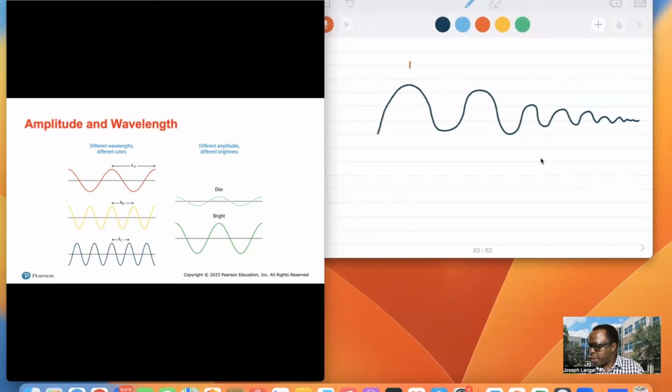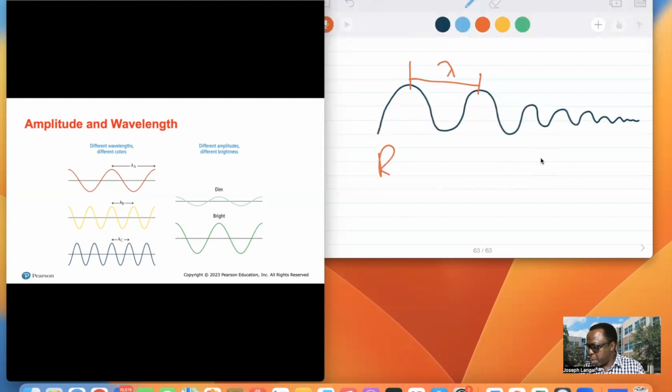So if I have here the wavelength, all right, it's decreasing as you move from right to left. Down the line, we're going to talk about the wavelength and the color coding.